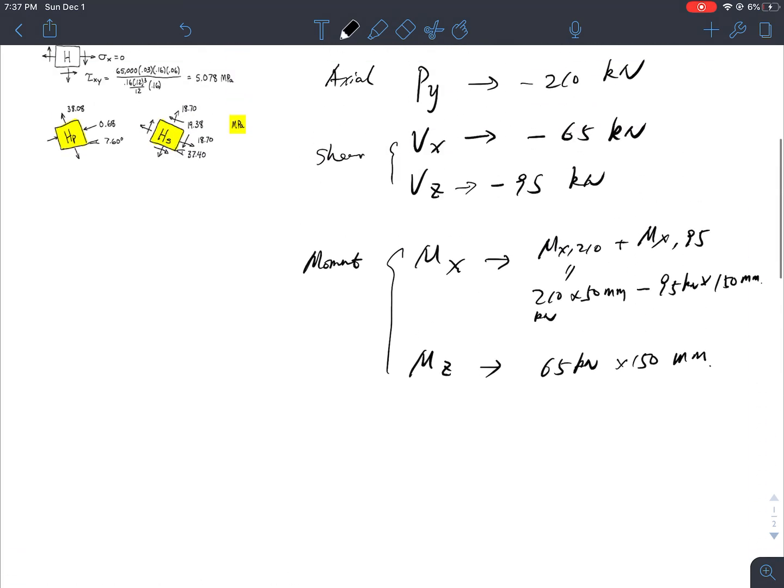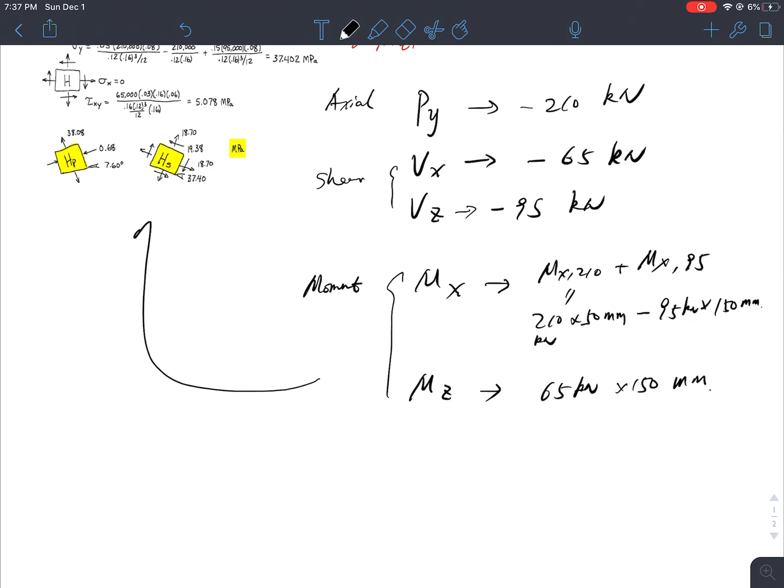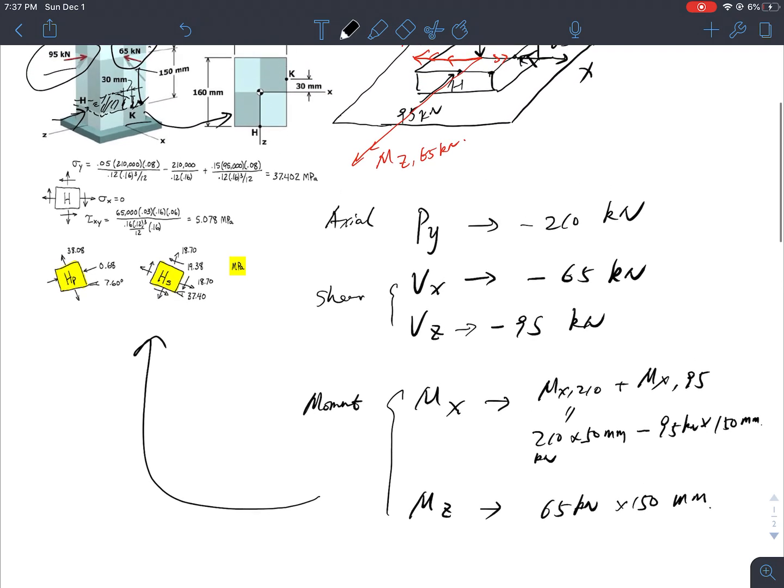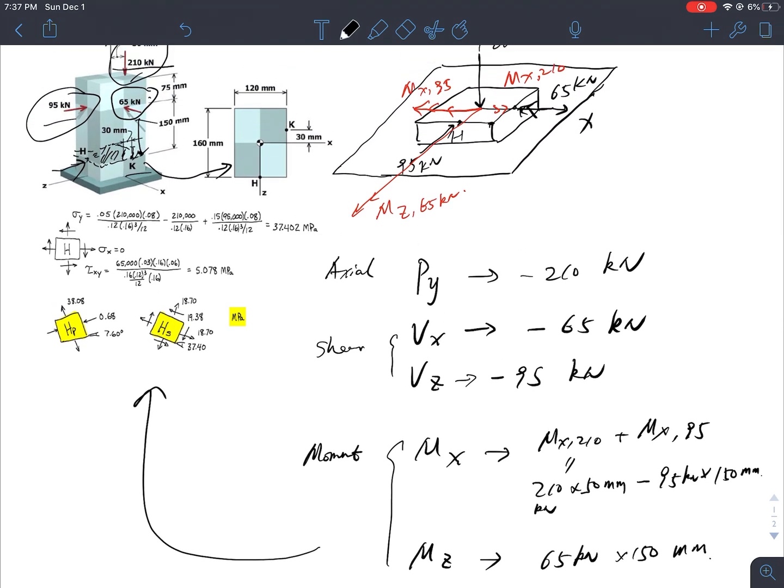So these are the external forces, and then you can follow the usual solution to find the stresses. Just be careful though.